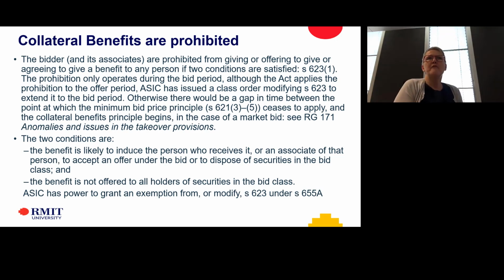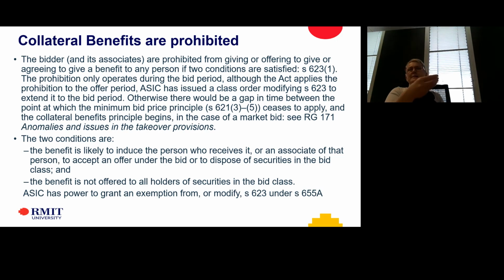So, for example, if a bid offer was related to the target. So the bidder's statement has said in relation to the target, we're going to retrench a whole heap of employees, but we're going to keep these employees.